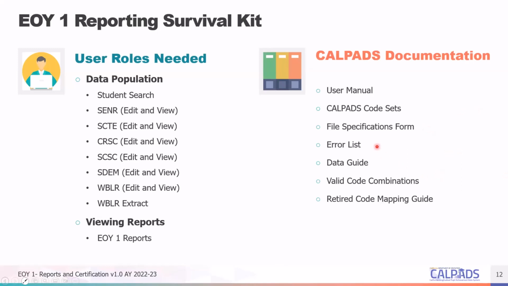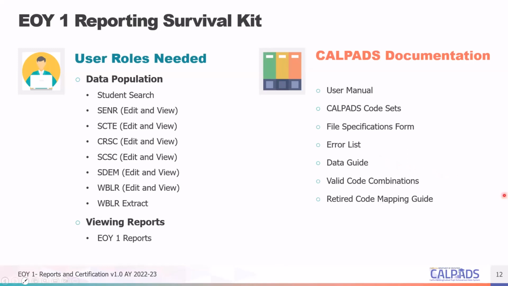The error list contains descriptions and suggested resolutions for each error generated when submitting data to CalPADS. The data guide provides general guidance for LEAs regarding the collection and submission of data in CalPADS. The data guide is currently a bit outdated. The user manual may be a more helpful source of information in the current times.